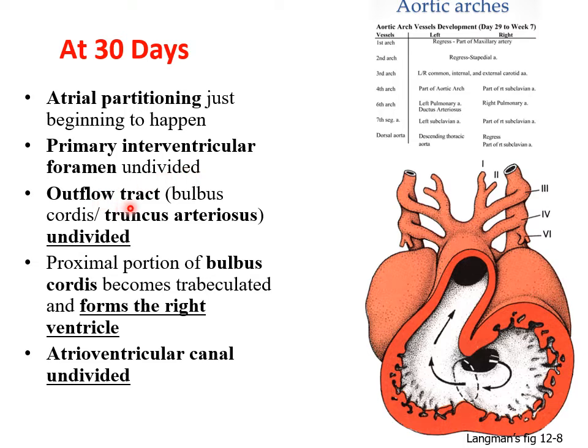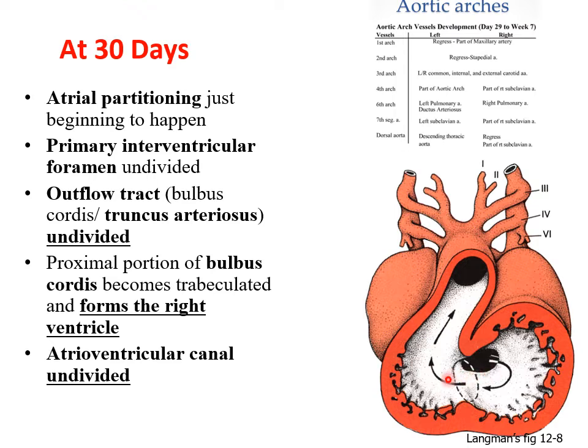The outflow tract, the bulbus cordis and the truncus arteriosus, is still undivided, but the proximal portion of the bulbus cordis becomes trabeculated and forms the right ventricle.